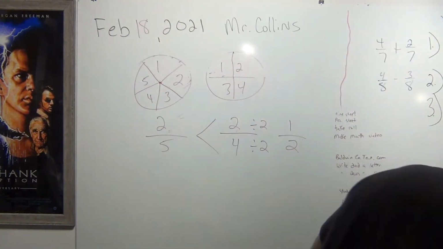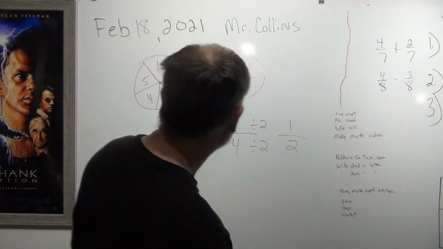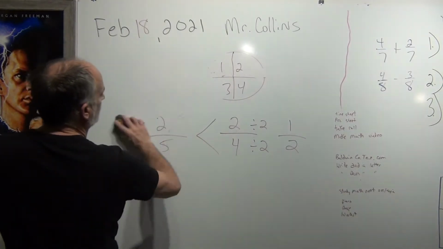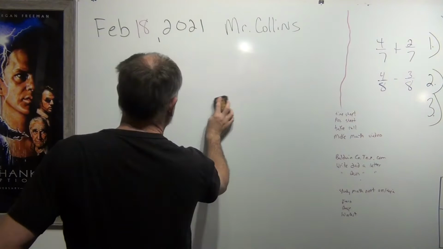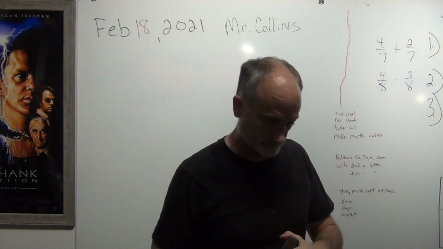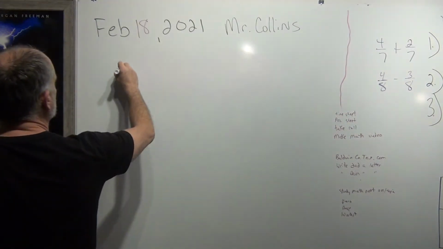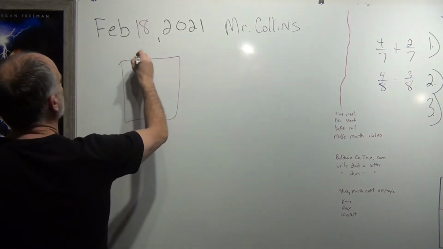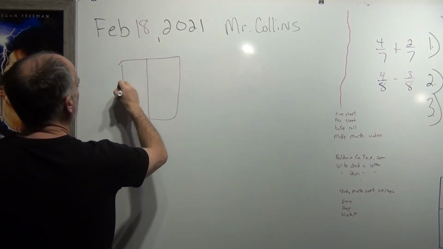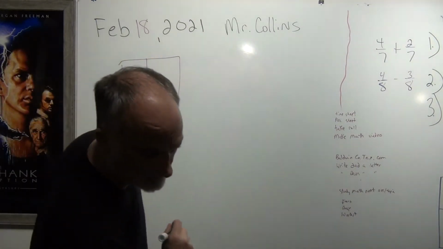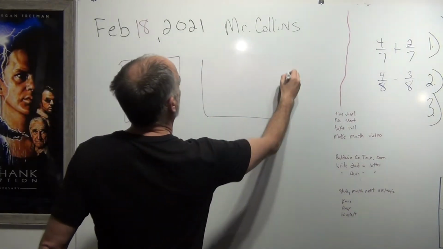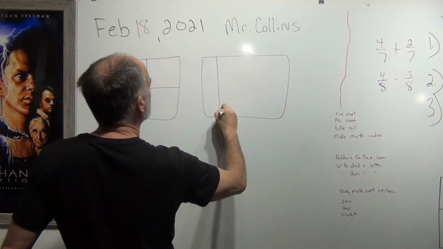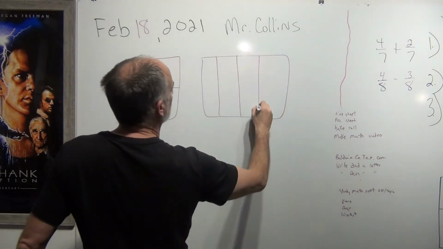Okay, let's take a look at this. Now, let's draw this big bad boy right here. Did I want to draw it like that? Yeah, let's draw it like that. All my pieces are the same.